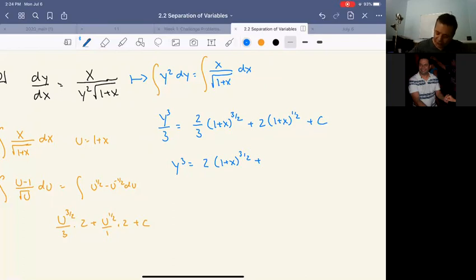I had it wrong before. Okay, plus 6 (1 plus x) to the 1/2 plus c.